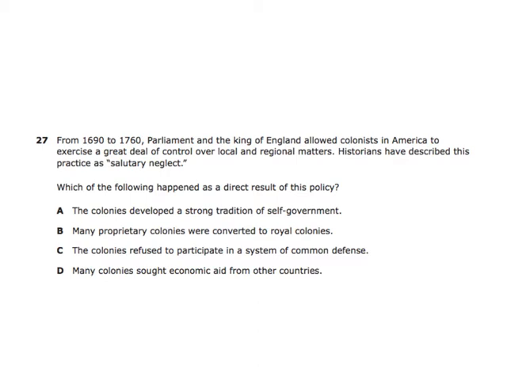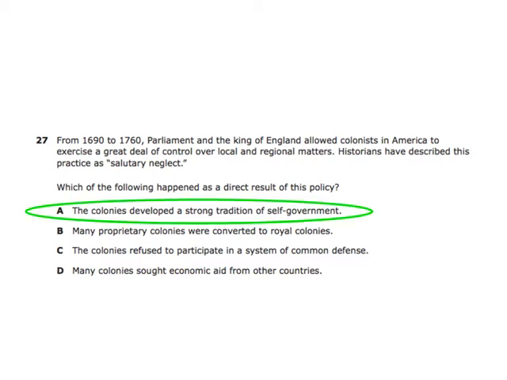All right, so let's do this. Maybe you don't know what salutary neglect is. What we want to do is look at what the statement's talking about. Well, these colonies developed a strong tradition of self-government. So let's look at it. Maybe we don't get freaked out by one word or one phrase you don't know.